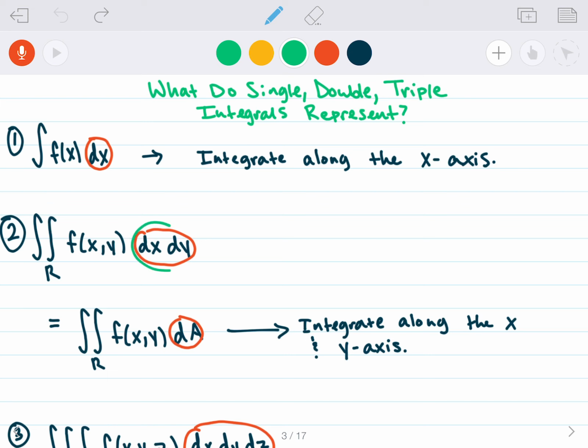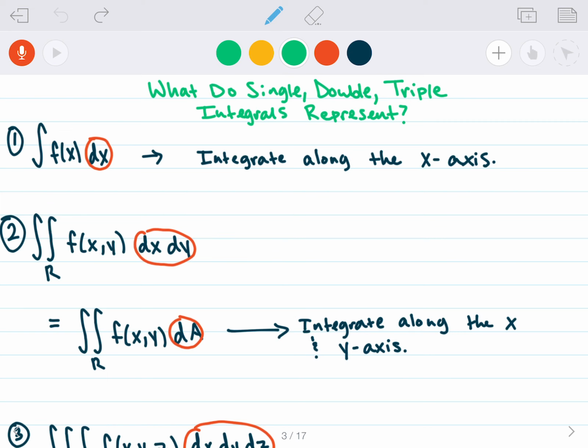But the way to think about this dx times dy is like a length and a width of a rectangle. If you multiply the length and the width of a rectangle, you're going to get the area of that rectangle. And so we could represent that as dA if we wanted to. So yeah, we integrated along the x and the y axis last time.